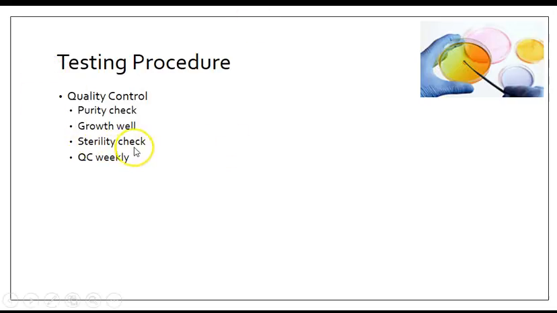Sterility check to make sure that the panel's not contaminated, and we constantly do QC on the antibiotic panels every week. Every week you do a certain organism, and we order these organisms from a company so we know what the antibiotic results are supposed to be, to check to make sure that we're getting what we're supposed to.